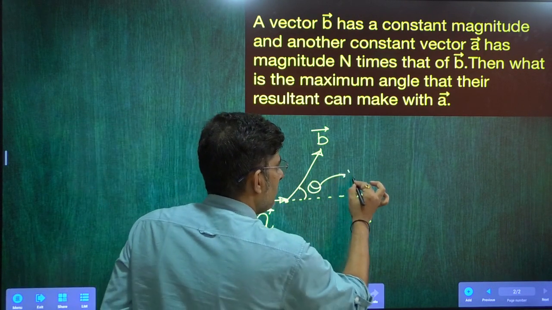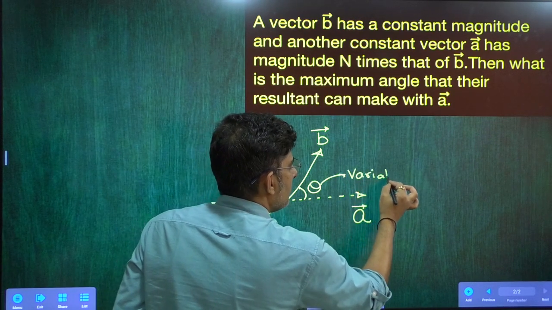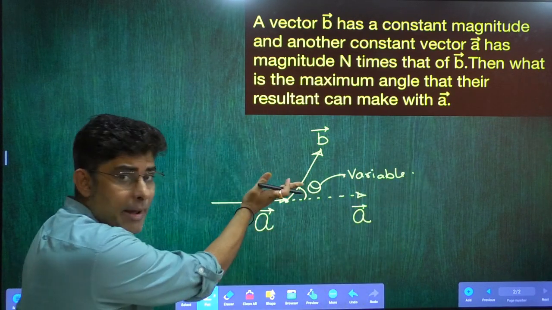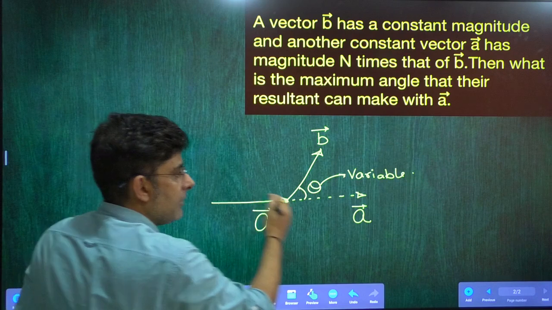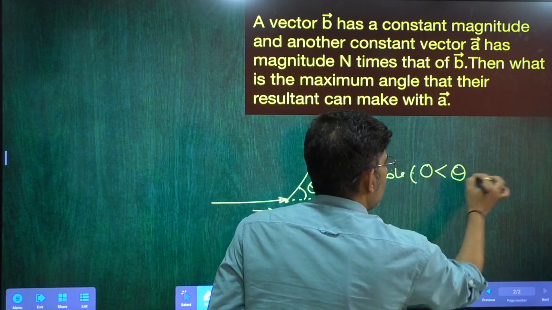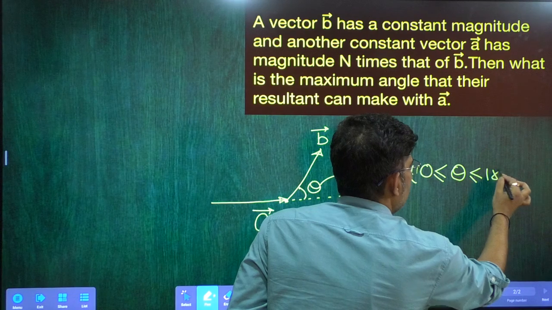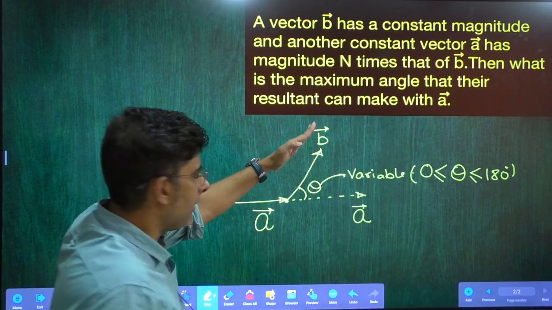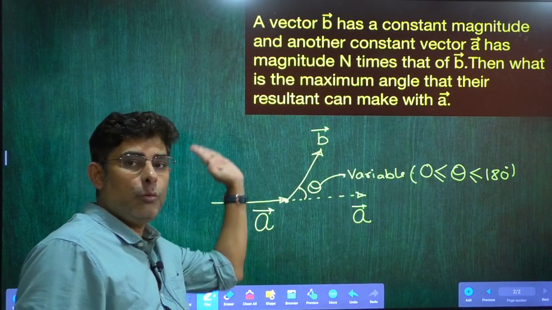Now this theta is variable. Why is it variable? Because the direction of B vector is variable. B vector's magnitude is constant, but theta is variable, and theta can range anywhere between 0 to 180 degrees. That means B vector can be rotated from 0 degrees to 180 degrees.